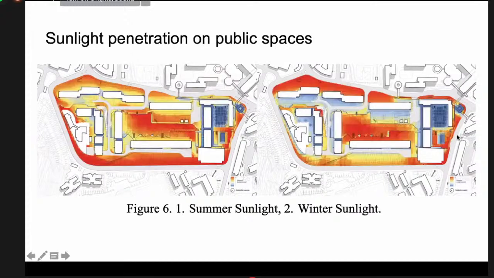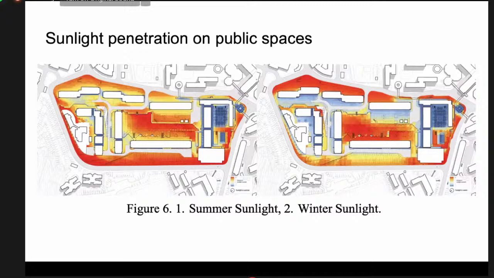We can also test the sunlight penetration on the public space, looking at the summer sunlight and also winter sunlight. People really love to have a public space with light, especially in the winter, when people are looking for sunlight to make the body warmer.